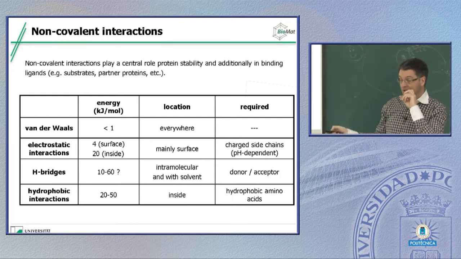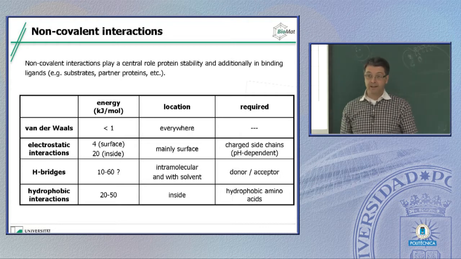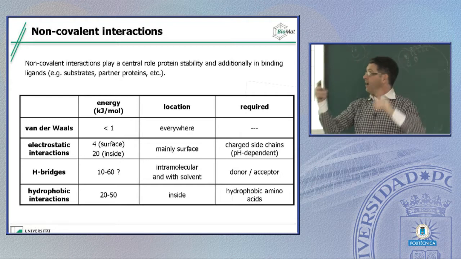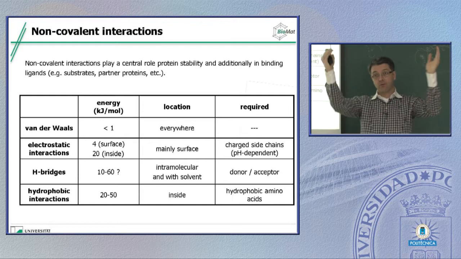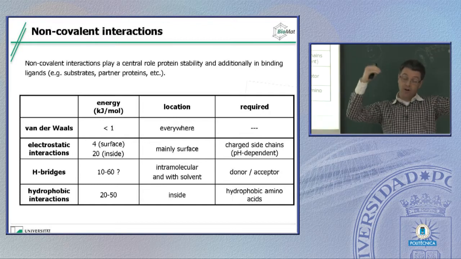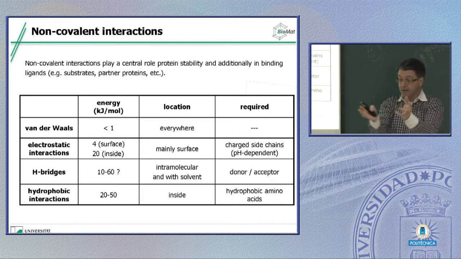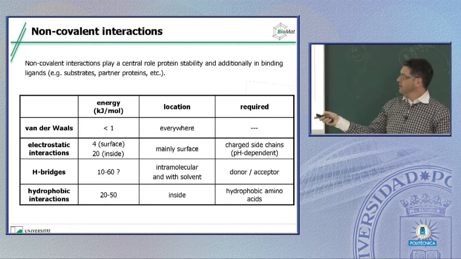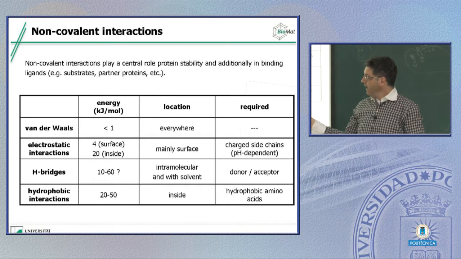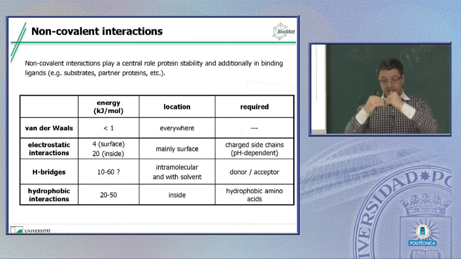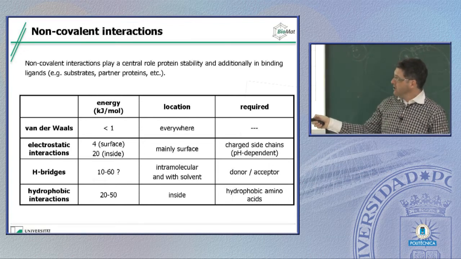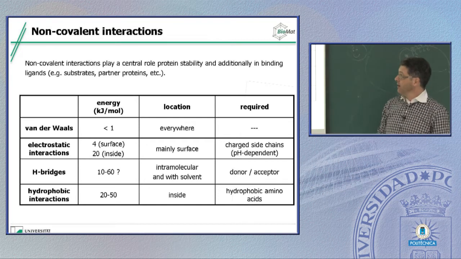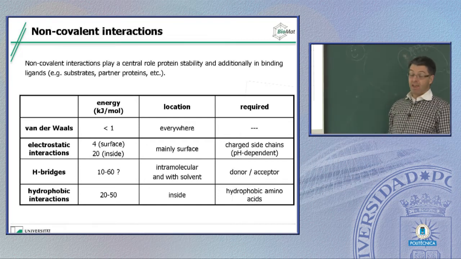It's around 4 kilojoule per mole, and this can be explained by the exposure of the salt bridge on the surface. Of course, there are interactions then with salts that surround the protein in a medium, and therefore the energy input is much smaller. Salt bridges inside a structure have much higher energy input and stabilize the structure much more efficiently.